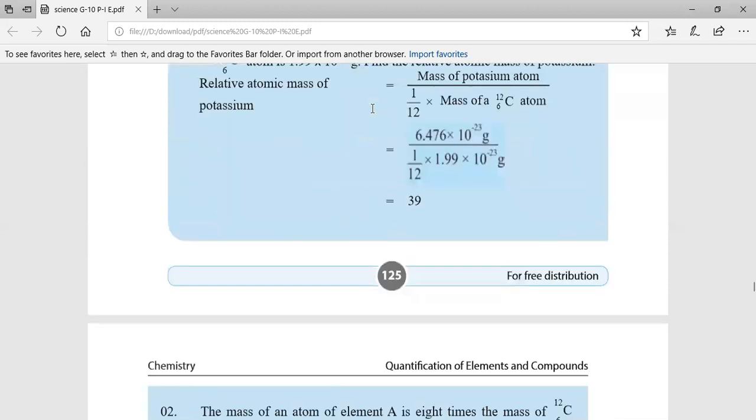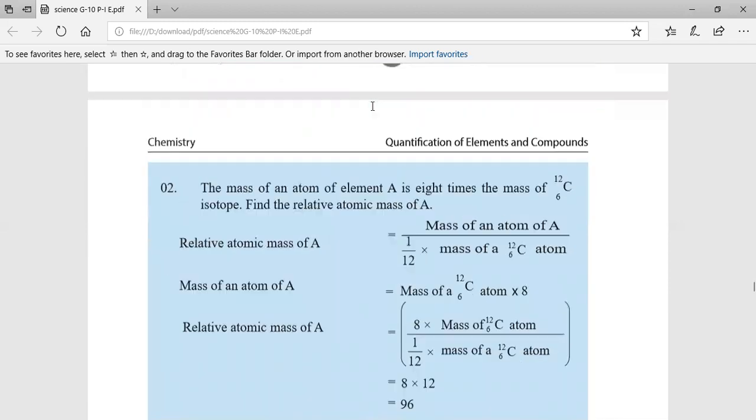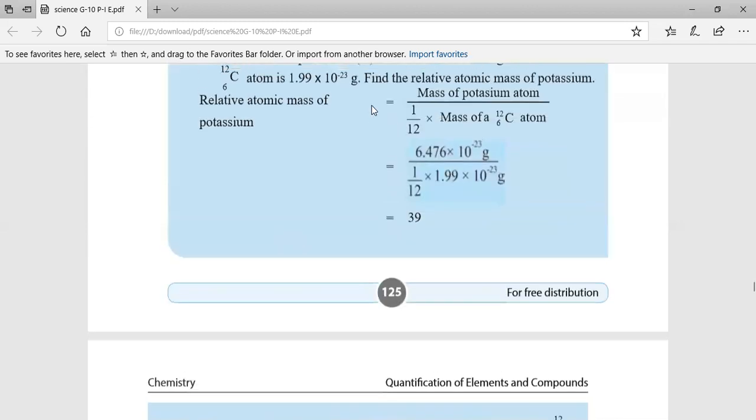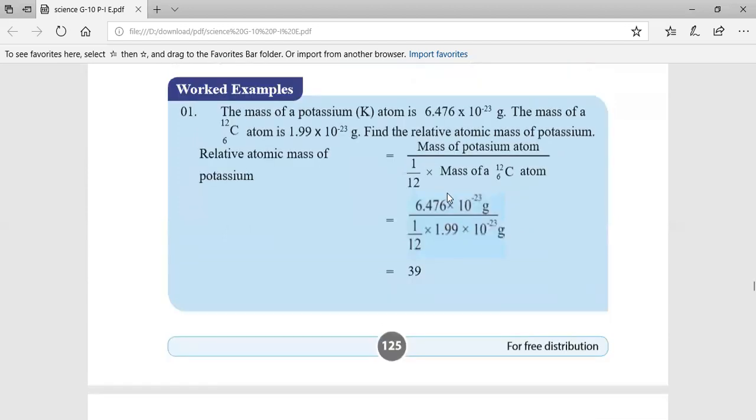We apply here the true mass of potassium atom and the atom of carbon, and 12.